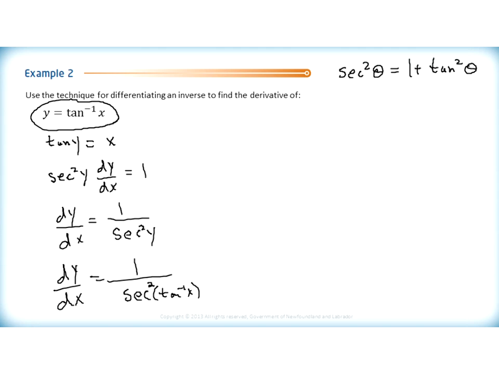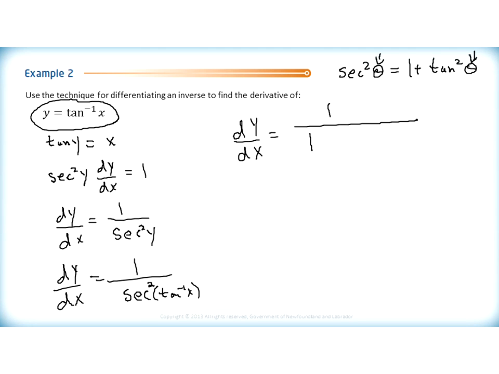Okay, so then I can take my derivative that I have already, dy over dx, and I'm going to turn it into 1 over, instead of secant squared of theta, I'm going to call it secant squared of tan inverse x here, and that'll just be 1 over 1 plus tan squared of tan inverse.